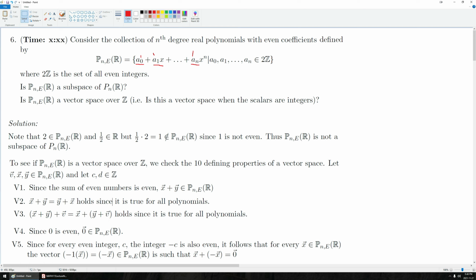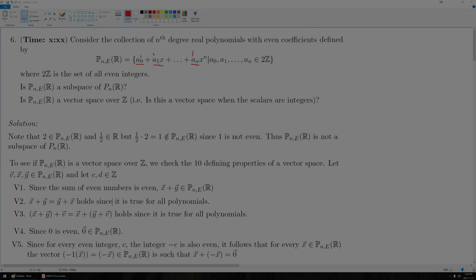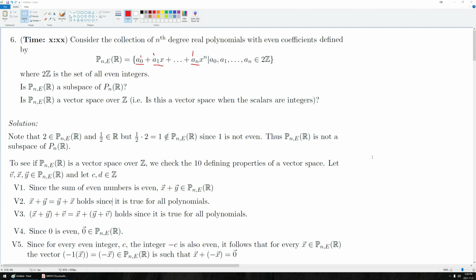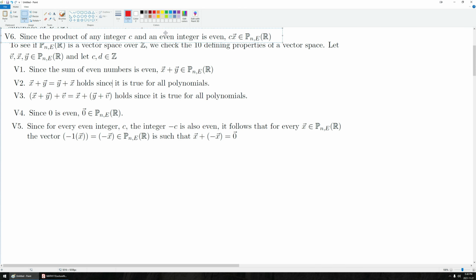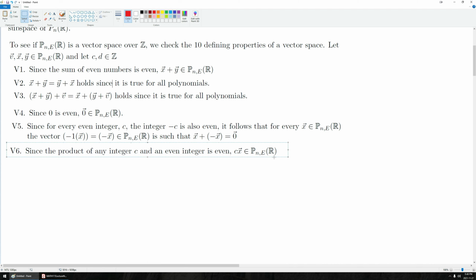But if my scalars are now going to be integers, I can say, hey, if I take an integer and I multiply it by an arbitrary polynomial in this set, I simply scale all the coefficients by an integer. And since the product of any integer c and any even integer is still an even integer, I can conclude that c times x would simply be one of these polynomials, given that x is a polynomial.